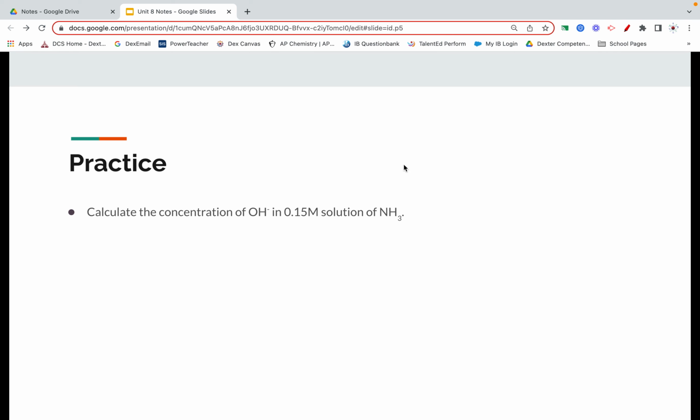We are missing one thing we need to know to be able to figure this out, and that is the Kb of our ammonia, which is 1.8 times 10 to the negative fifth.